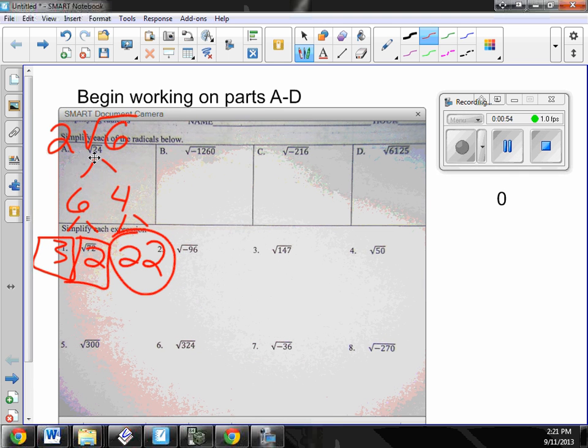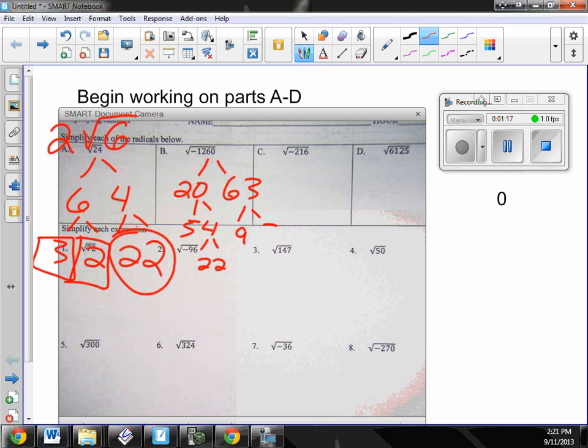That wasn't too bad. What do we know goes into 1260? I'm going to use 20, because I know 20 goes into it. No, we'll deal with the negative in a second. 20 and 63, 5 and 4, 2 and 2, 9 and 7, 3 and 3.